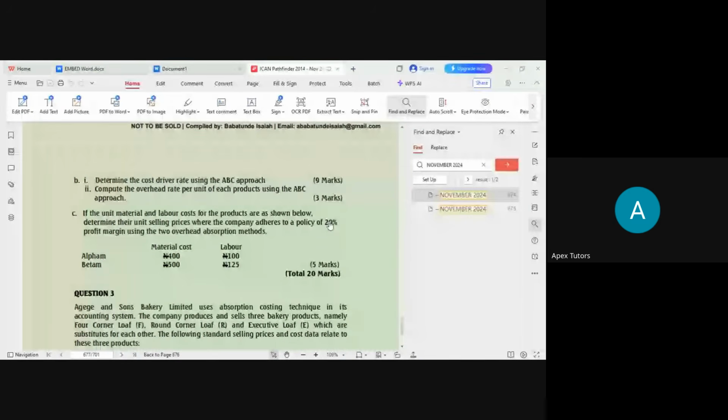Going that way is a very long approach. So you just apply 20% on the cost and get your selling price directly.